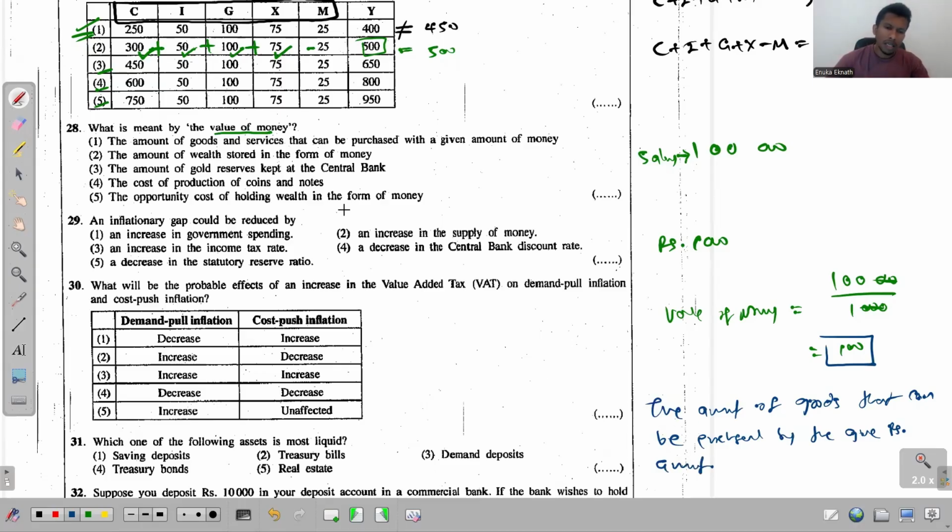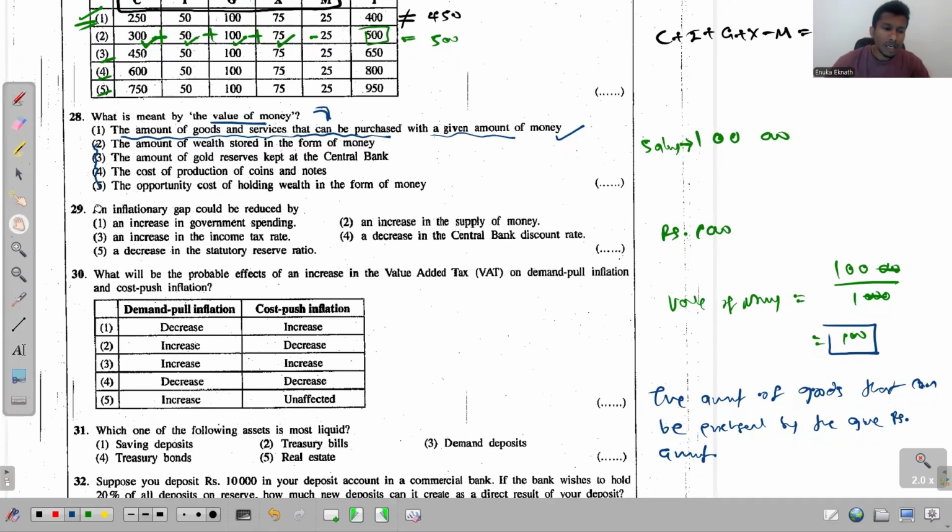So this is the idea behind the term value of money. So the first option says the amount of goods and services that can be purchased with a given amount of money. So this is the answer, right? It's a direct question. This is very easy. Value of money is exactly equal to this. So no point of going through these other options because the answer is very clear.